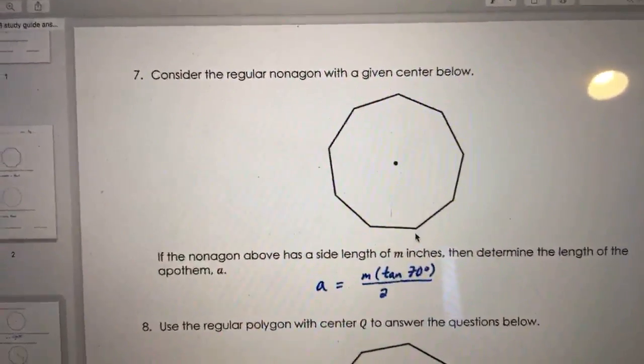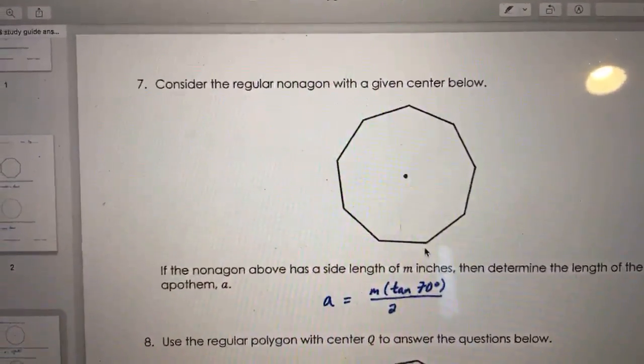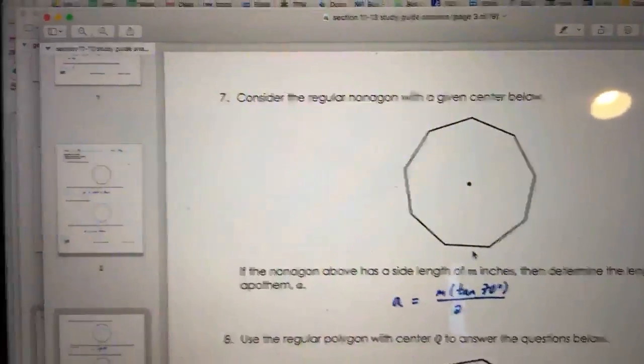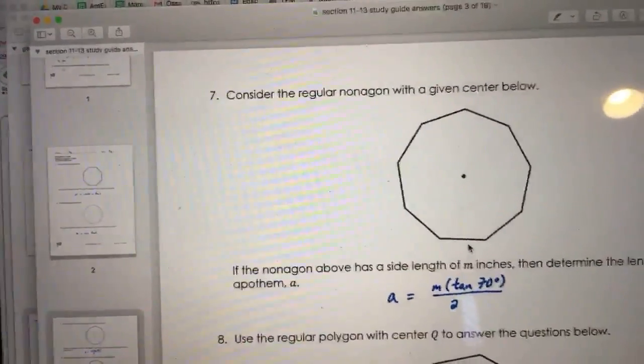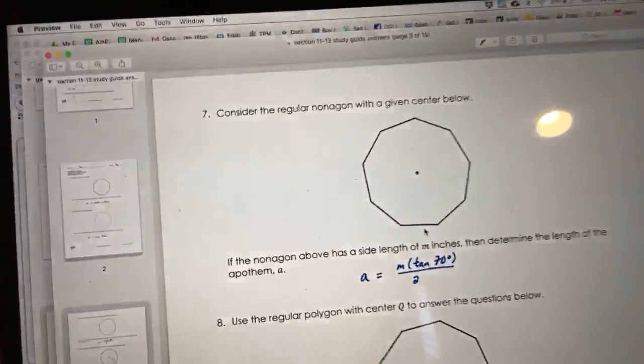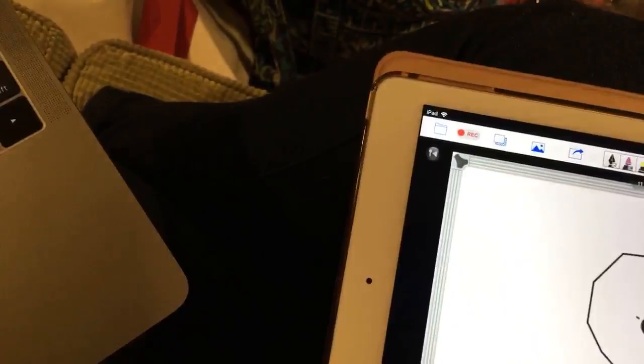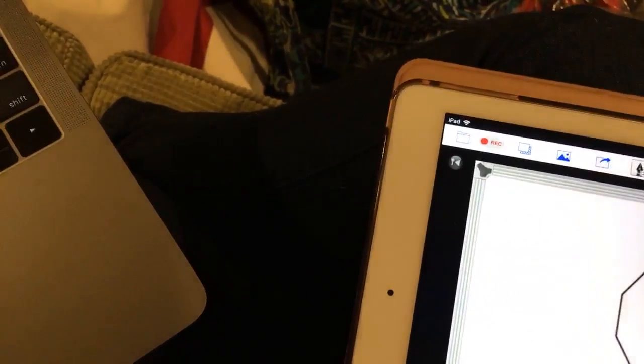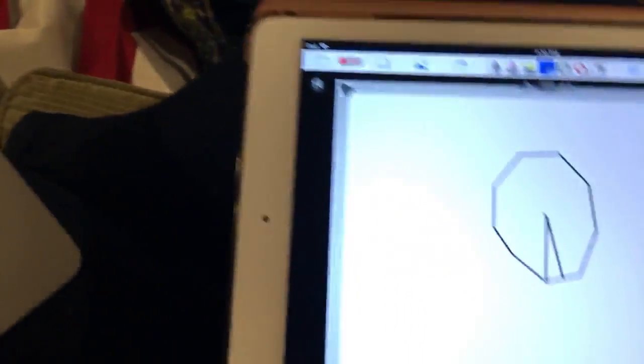I hope you guys all see that, okay? Let me make an attempt. 2, 4, 5, 6, 7, 8, 9. We're going to pretend that that's anything resembling a regular polygon. It's not, but we're going to pretend.